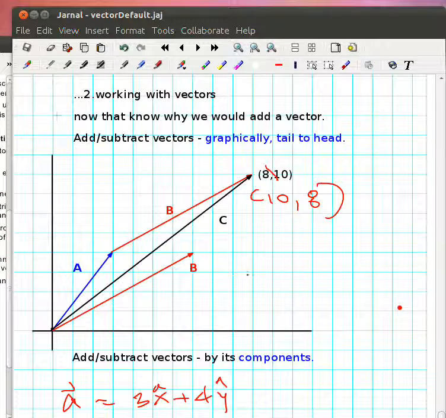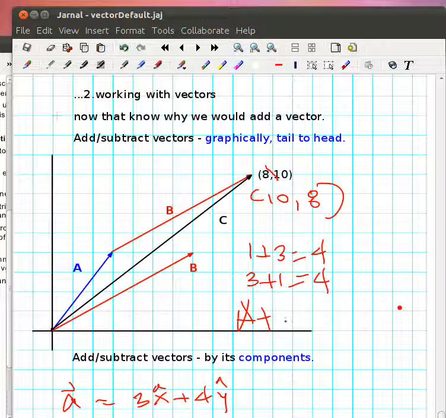Now, in numbers we say something like 1 plus 3 equals 4, but we can also reverse that and say 3 plus 1 equals 4. Is that the same with vectors? Can we switch it around and see if it's the same? Is A plus B equals B plus A?